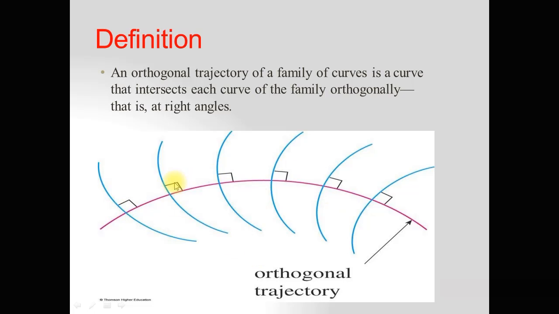So this is an orthogonal trajectory. So an orthogonal trajectory of a family of curves is a curve that intersects each curve of the other family orthogonally, that is at right angles. So this is the orthogonal trajectory because this curve intersects all these curves at a 90-degree angle.